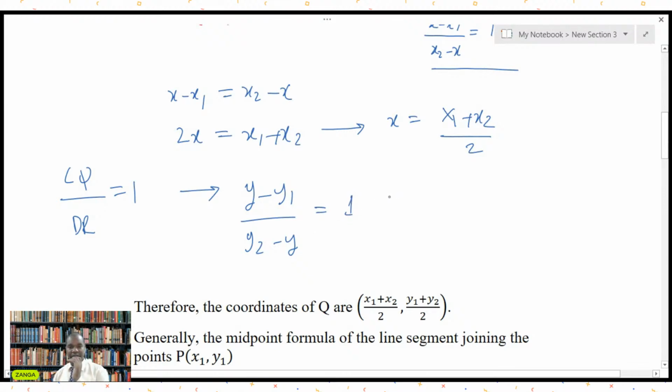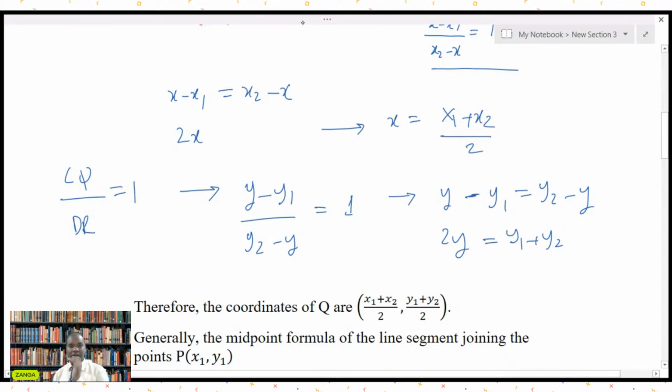So when you cross multiply, you'll be getting y minus y1 equals y2 minus y. Collecting like terms, you'll be getting 2y equals y1 plus y2. So from here, you'll be dividing by 2 both sides, and eventually getting y equals y1 plus y2 divided by 2. But point Q is x comma y.